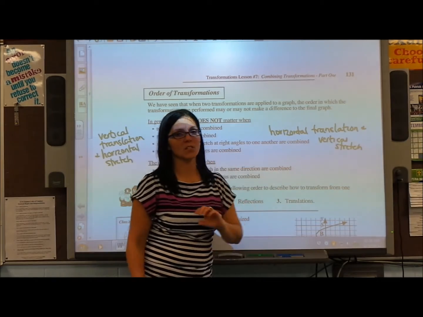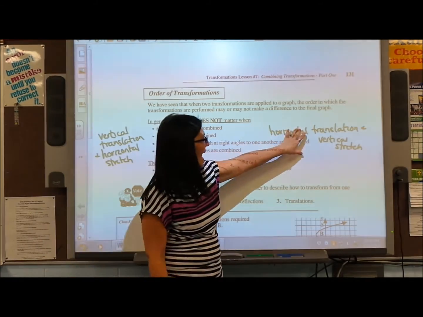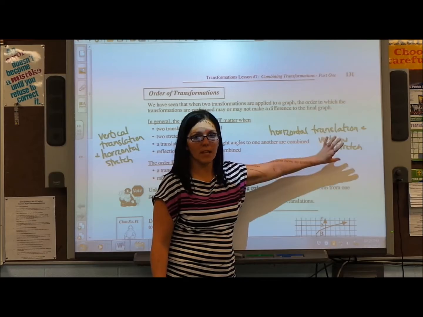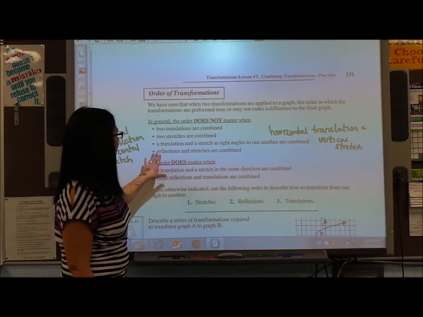This is the x's and this is the y's. So even though I'm adding, this is being multiplied, it doesn't impact each other.